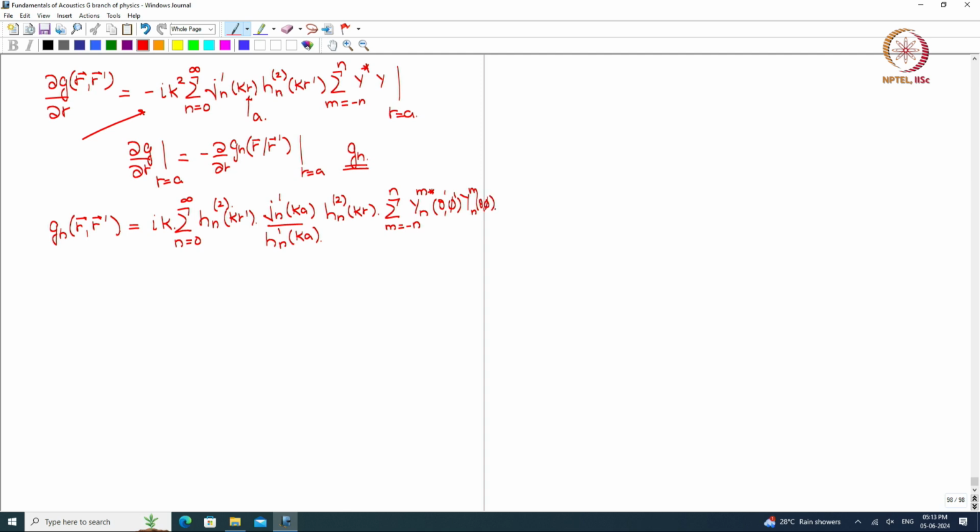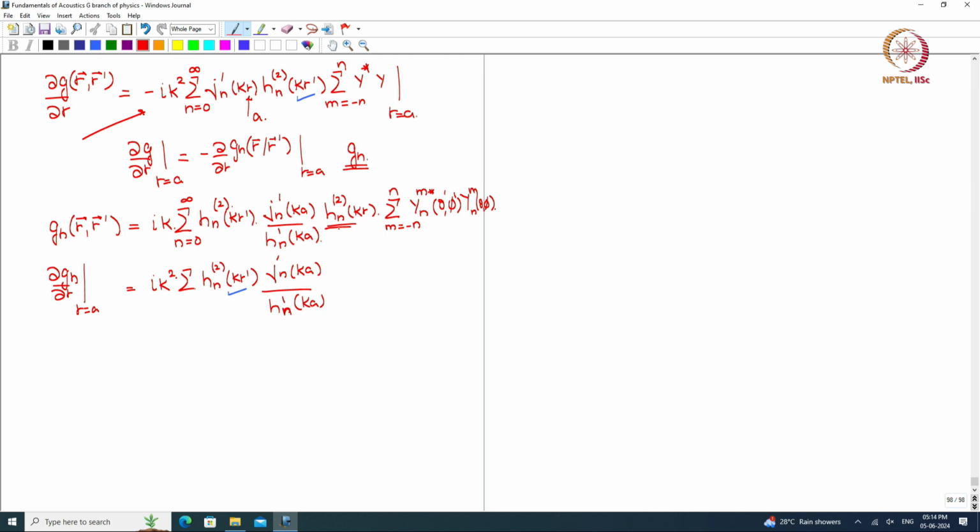Okay, so if I do the del h by del r, you can see r equal to a. If I do that, you can see that here is where the r is, so I get an i k square. Then I have this sum, of course, and Hankel function nothing changes, which is there here also. And then I have j n dash k a, which is a constant, does not matter, h n dash k a constant.